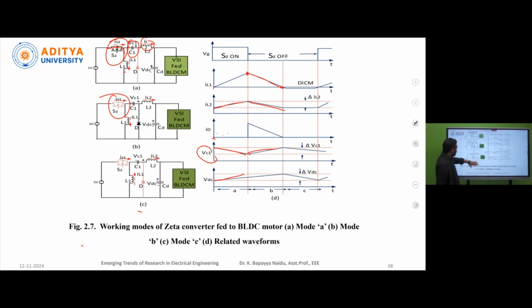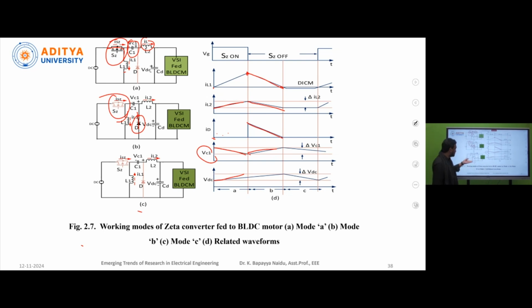Okay, here mode C. Here also whenever SZ is off, the diode D comes into conduction. That means it is forward biased, and the current through ID will change.